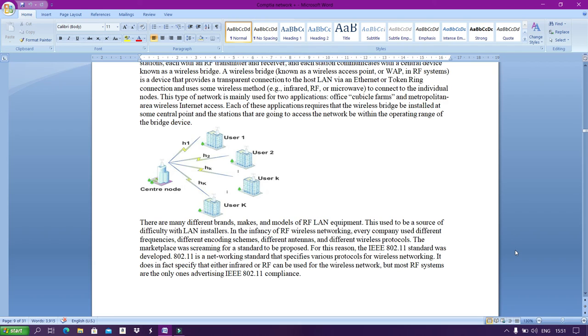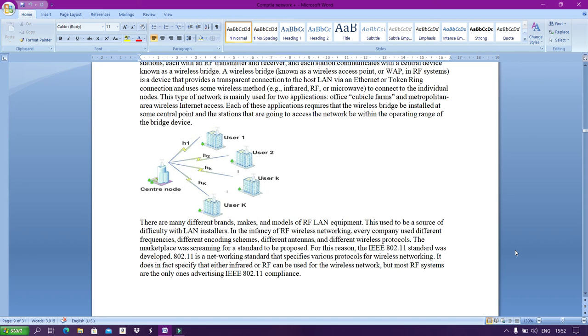There are many different brands, makes and models of RF LAN equipment. This used to be a source of difficulty for LAN installers. In the infancy of RF wireless networking, every company used different frequencies, different encoding schemes, different antennas, and different wireless protocols. The marketplace was screaming for a standard to be proposed.